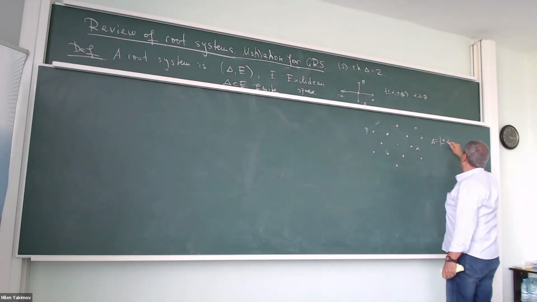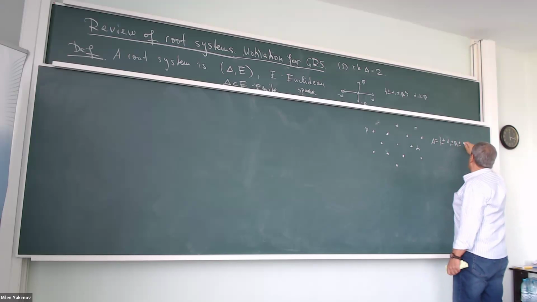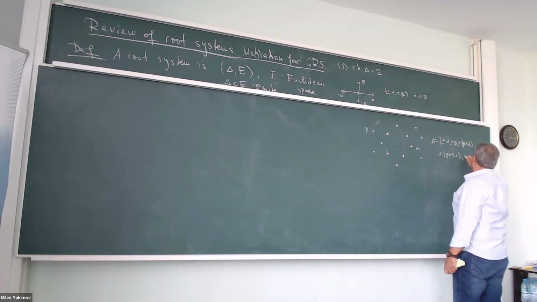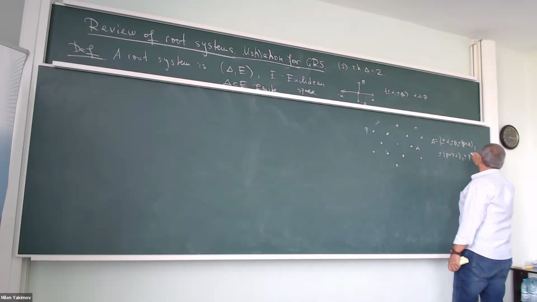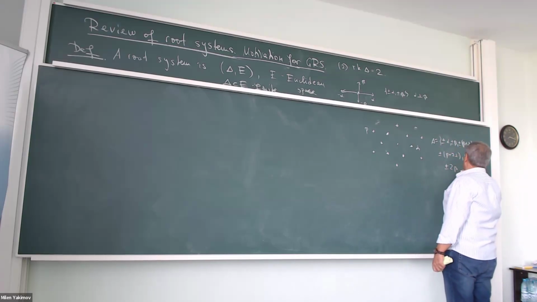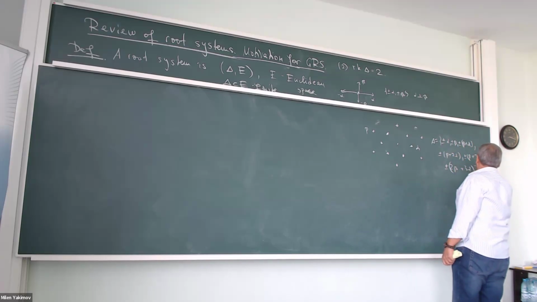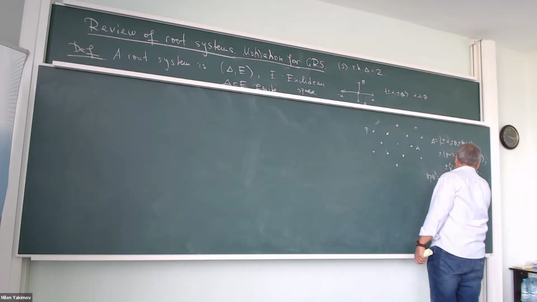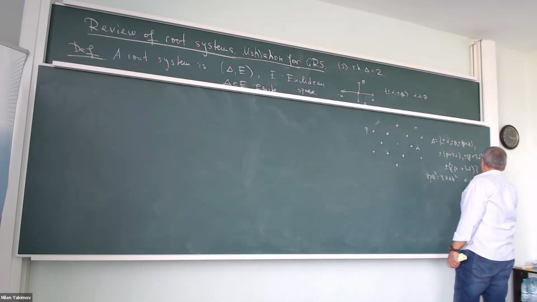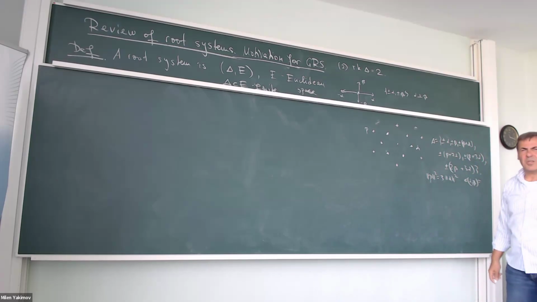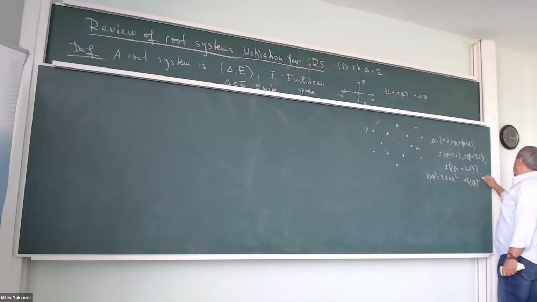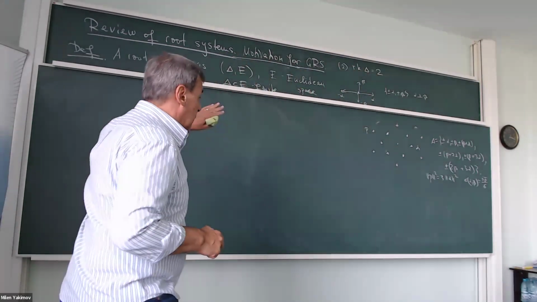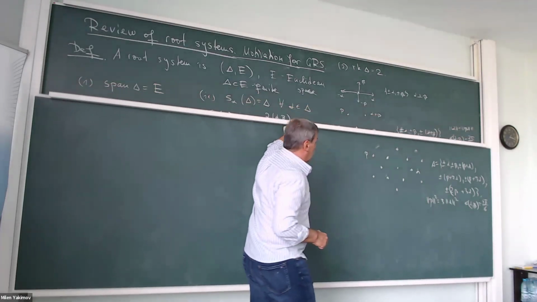Delta is plus minus alpha, plus minus beta, plus minus beta plus alpha, plus minus beta plus 2 alpha, plus minus beta plus 3 alpha, and plus minus 2 beta plus 3 alpha, where the length of beta squared is 3 times the length of alpha squared, and the angle between alpha and beta is 5 pi over 6. So these are the 4 possible cases.